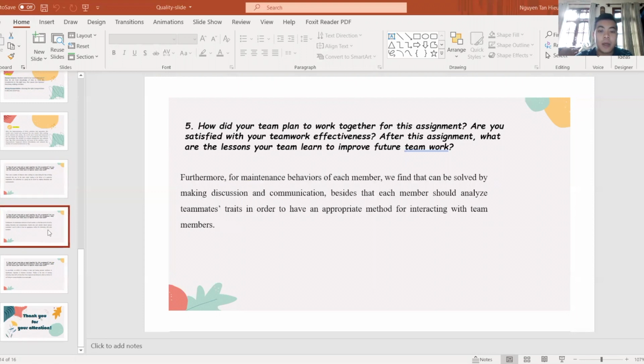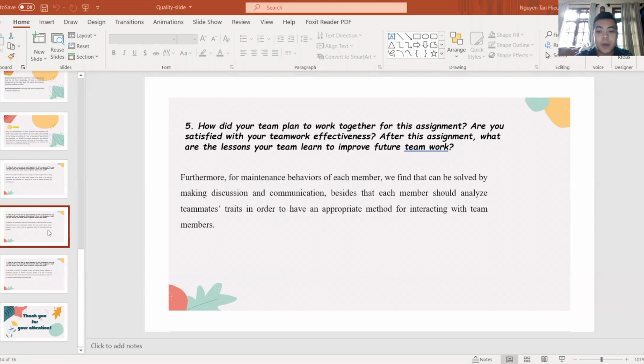Furthermore, for the behavior of each member, we find that we can solve it by making discussion and communication. Besides that, each member should analyze teammates' traits in order to have an appropriate method of interacting with team members.